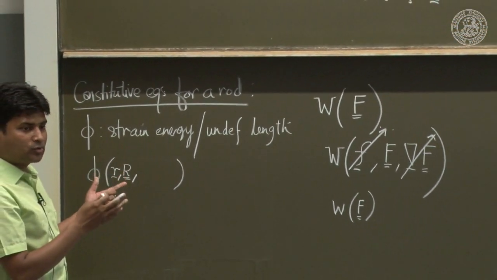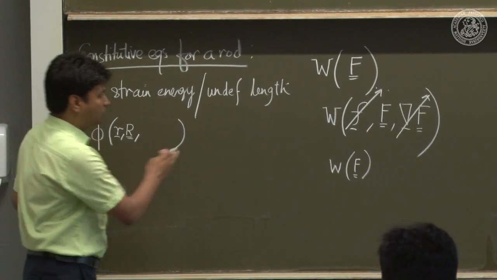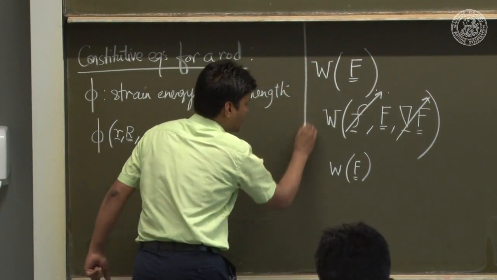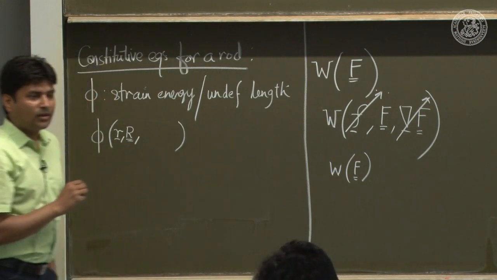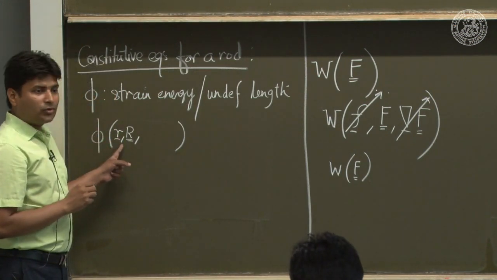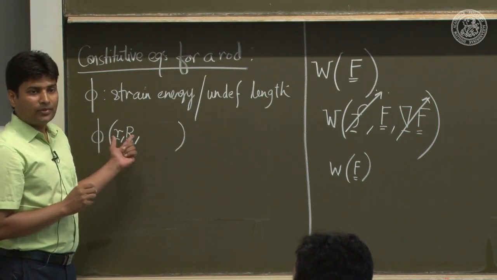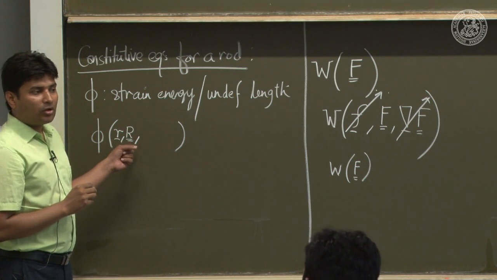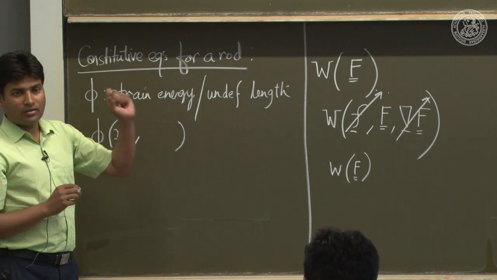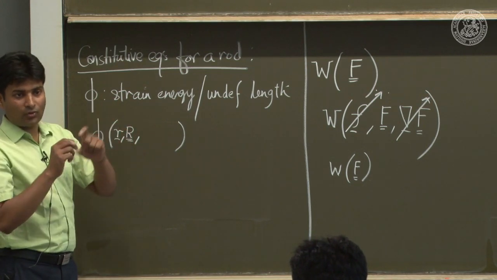So, these are some postulates. Same thing we want to do here. That was for 3D elasticity. Here again the energy function is going to depend on the kinematic variable and its derivatives, but now the derivatives will be only with respect to arc length, with respect to S, not with respect to the cross sectional coordinates.